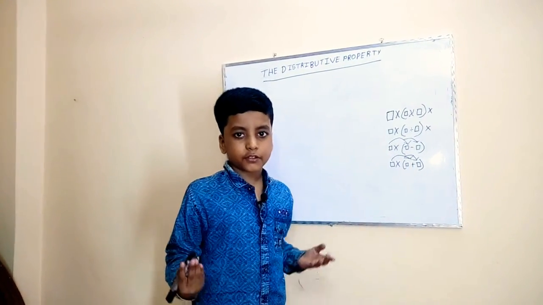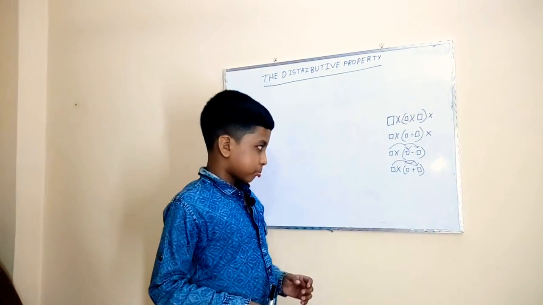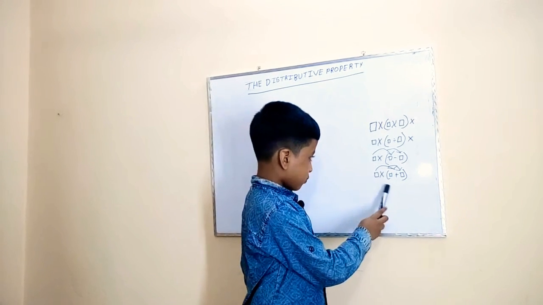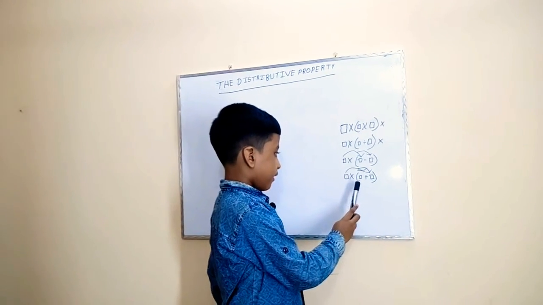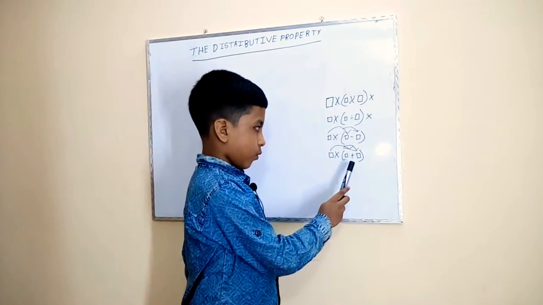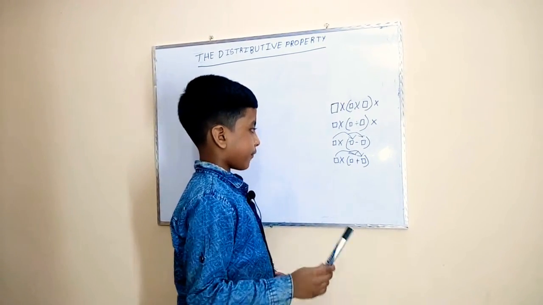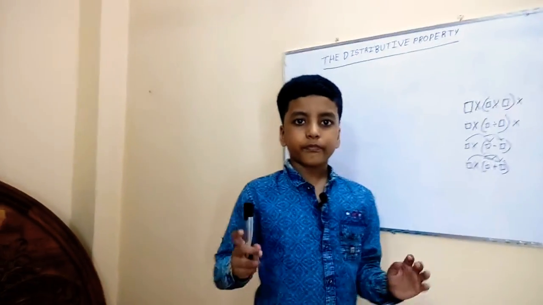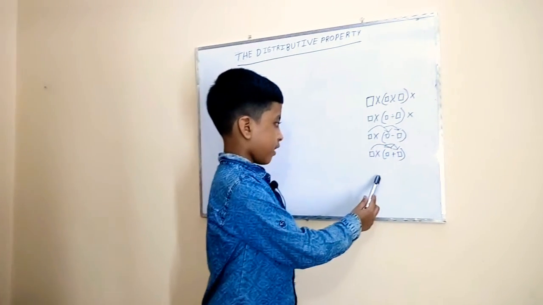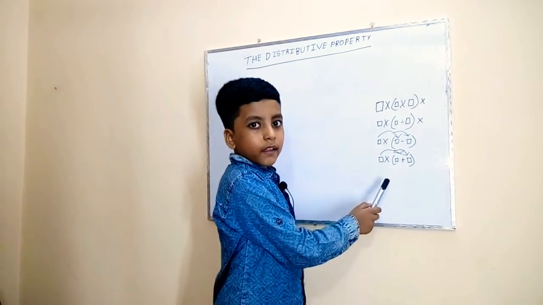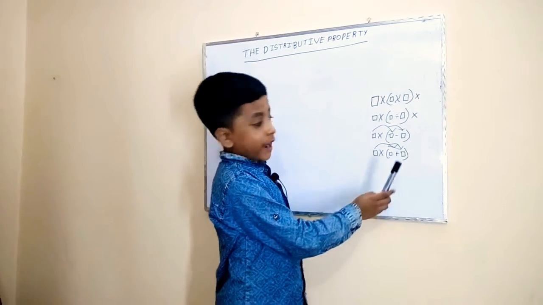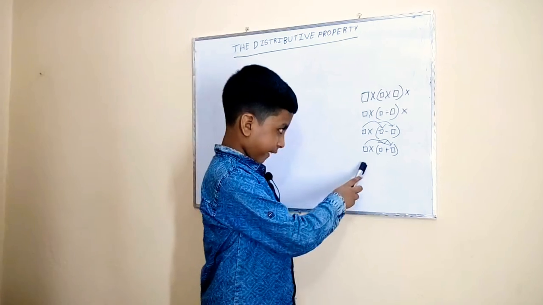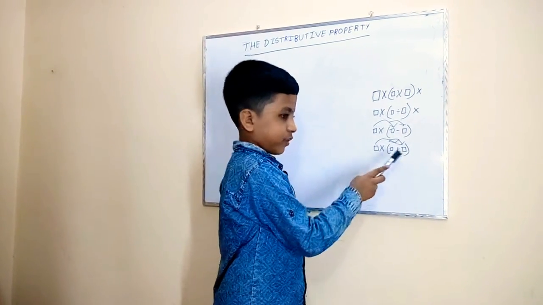The distributive property is so simple. The idea is when we have a factor being multiplied by a whole group that are being added or subtracted together, the distributive property allows us to take the factor and distribute it to each member of that group.